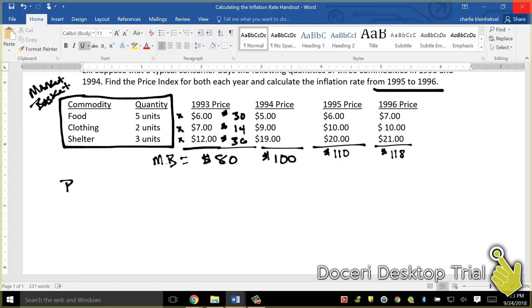The price index is equal to the current market basket value divided by the base market basket times 100. Yes. Price index is equal to the current market basket divided by the base market basket times 100. Okay? Now we're going to designate for our data, we're going to designate 1993 as the base year.